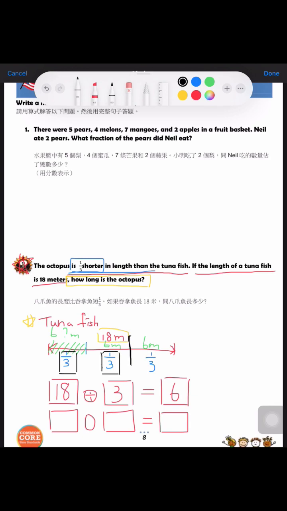That means the length of 2 parts. So each part is 6 meters. And 2 parts, that means 6 times 2. So the length of the octopus is 12 meters.